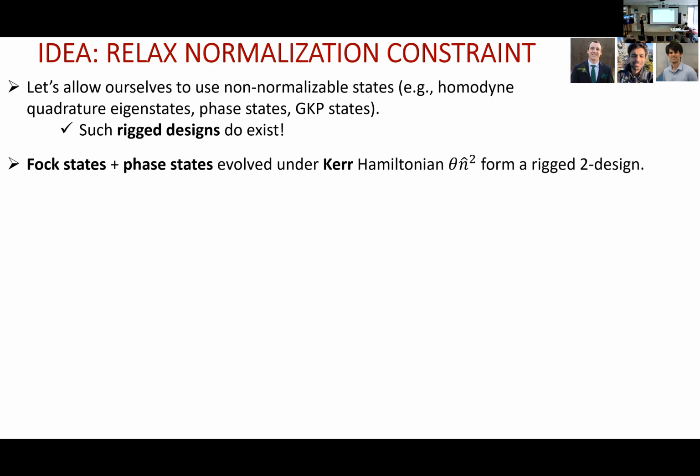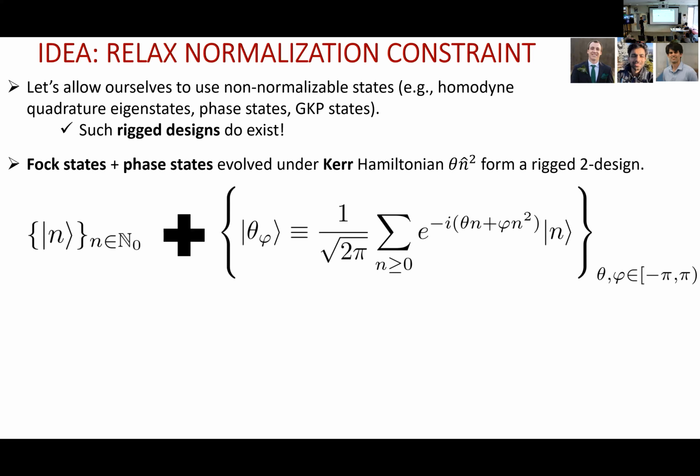So here is one example that we found. We did not find many examples, but we did find one. These are the ingredients for this set of non-normalizable states, which we can call vectors. They are the Fock states, so literally the basis that you have for your space. And then these things called phase states, which are equal superpositions of all Fock states with a phase theta, that's an angle.